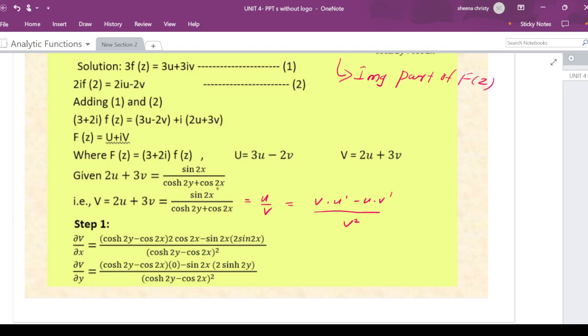Here v is cosh 2y + cos 2x and u is sin 2x. Differentiating with respect to x, you get 2 cos 2x, then minus sin 2x kept as such, and differentiate the denominator with respect to x. The first term is in y, so its differentiation gives 0, and the differentiation of cos gives minus sin.